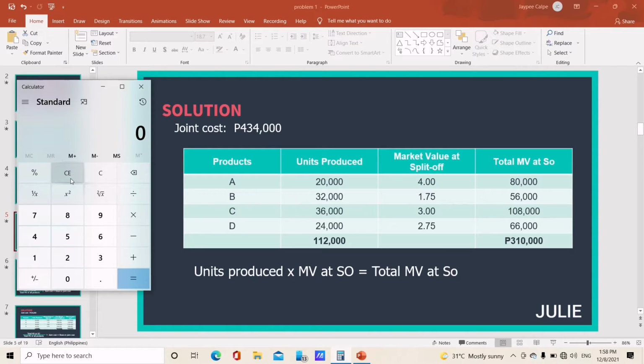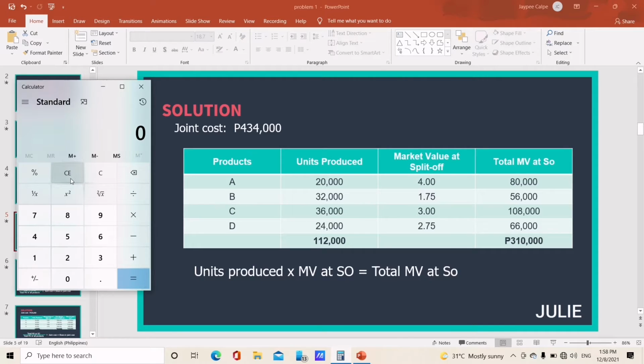For product C, 36,000 multiplied to 3.00, we have 108,000. For product D, we have 24,000 multiplied to 2.75, we have 66,000 as the total market value at split off.